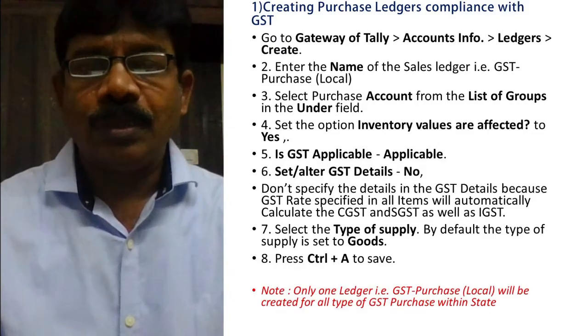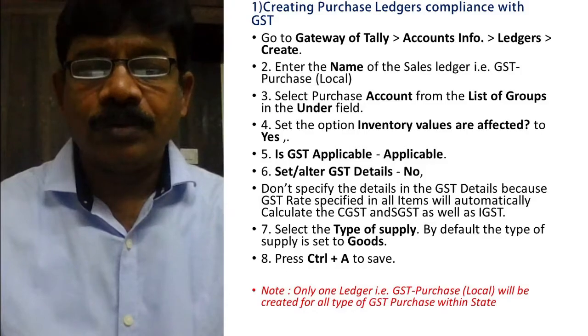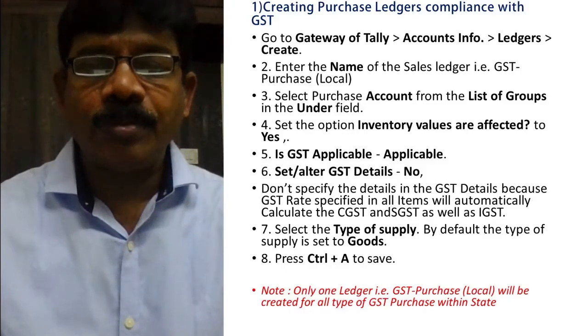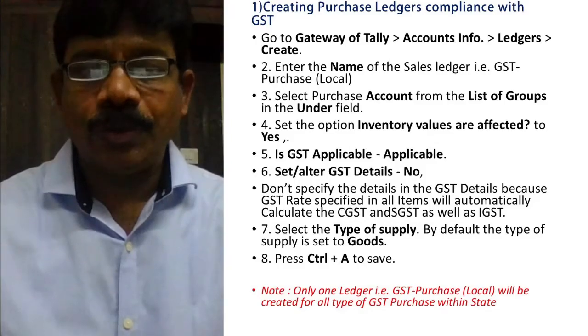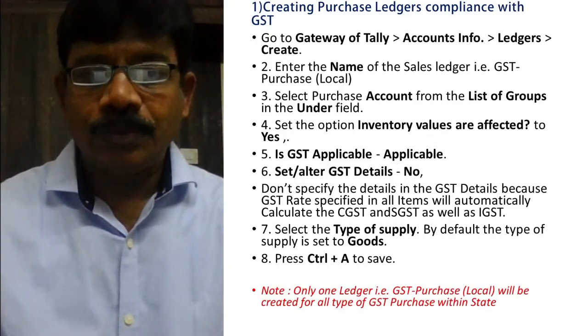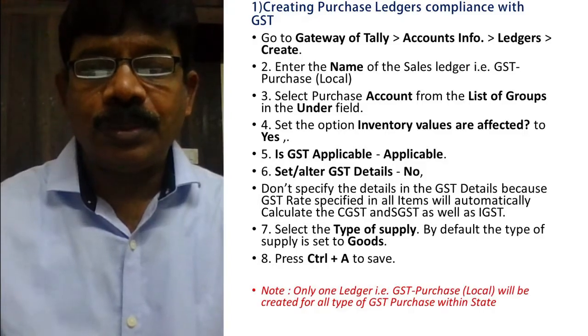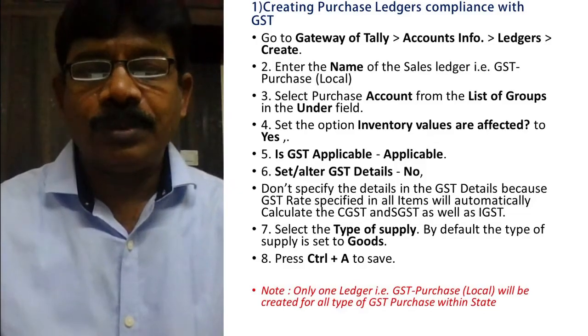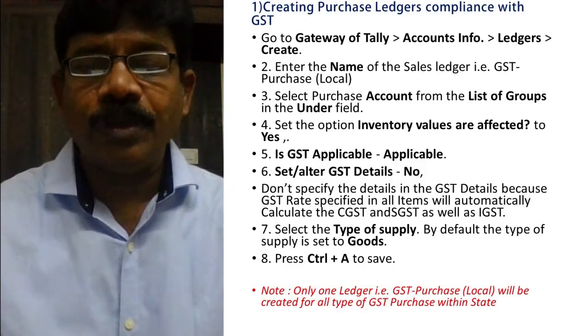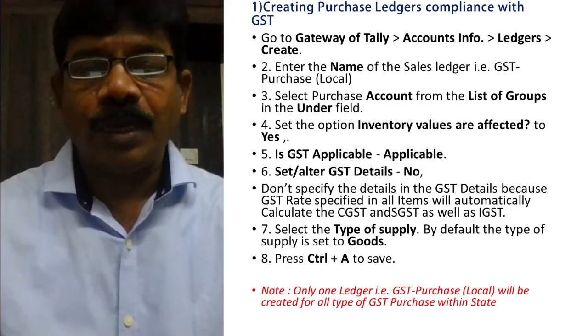GST purchases. Select the group as purchase account and set inventory values affected yes. Then is GST applicable? Yes, you write applicable. But here set alter GST details, we have to set no. Same as earlier, don't specify the details in the GST details, because the GST rate specified in all items will automatically calculate the CGST, SGST as well as IGST.